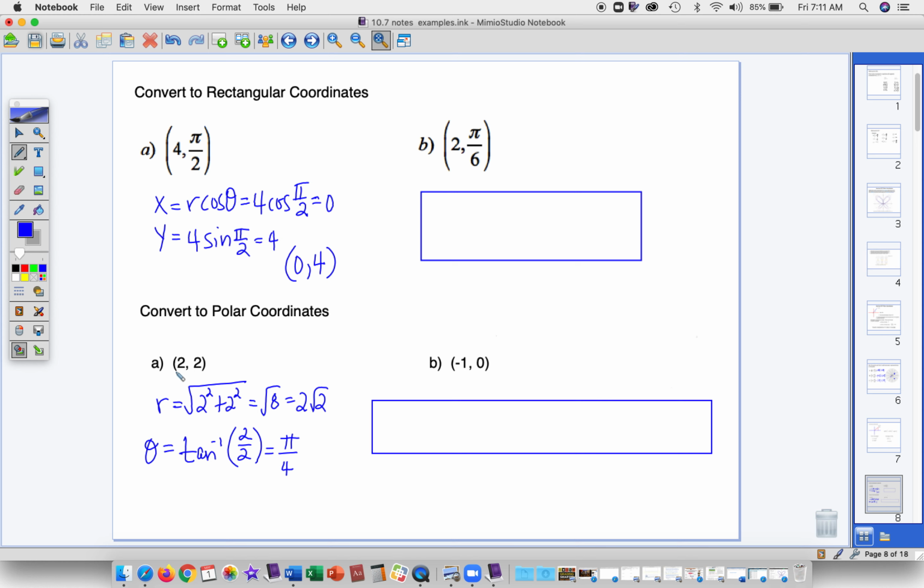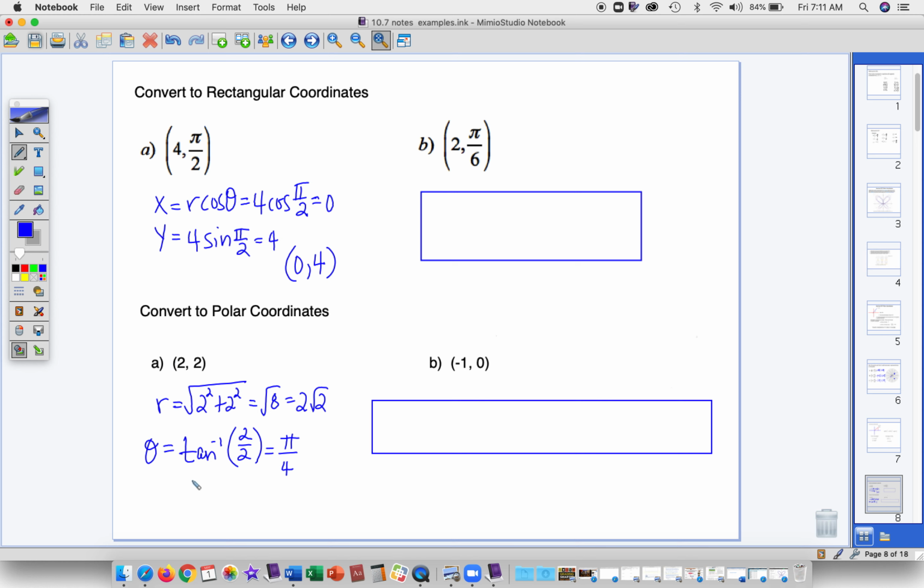So again, if you think about it, 2, 2 is right through the middle of the first quadrant, and so is pi over 4, right? We're rotating pi over 4, and we're going 2 root 2 radii away from the pole. So we're going out to the right 2 root 2 and rotating pi over 4, which would put us at the same location as 2, 2.